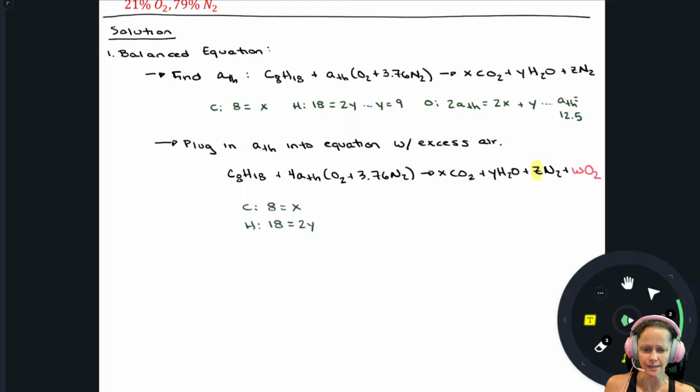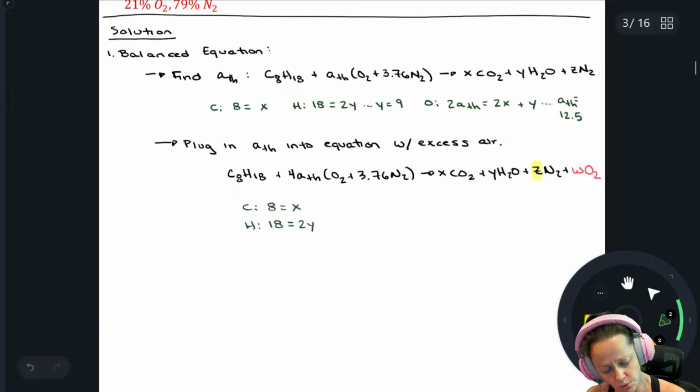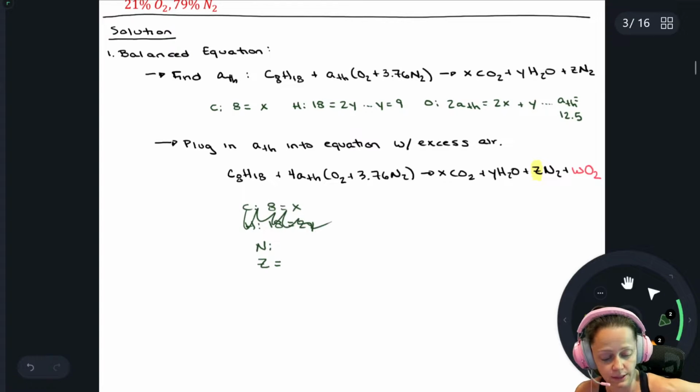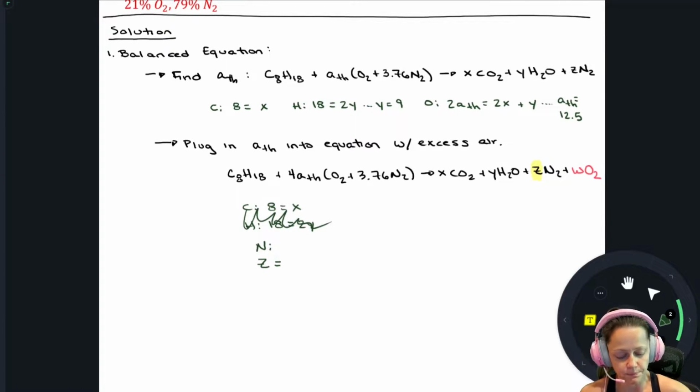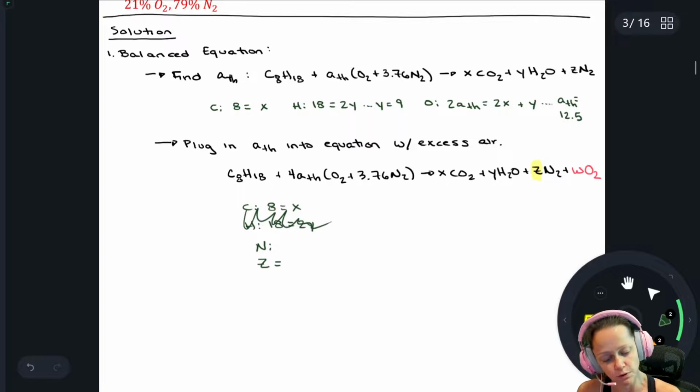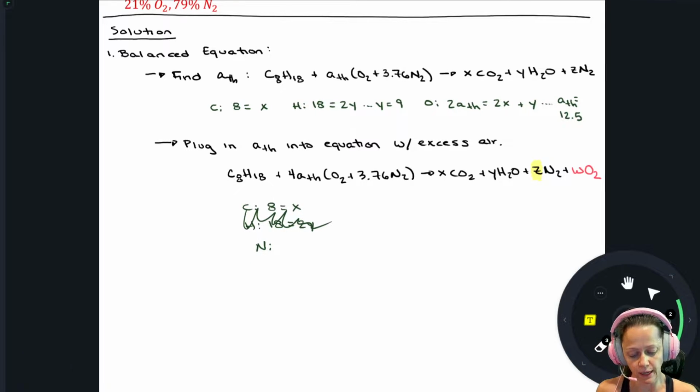All I need is Z. So let's go ahead and get Z by doing the mole balance on my nitrogen.